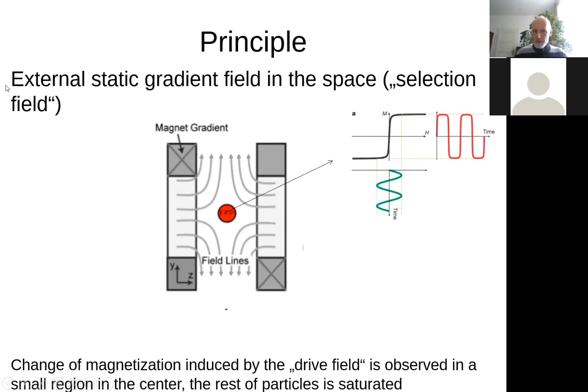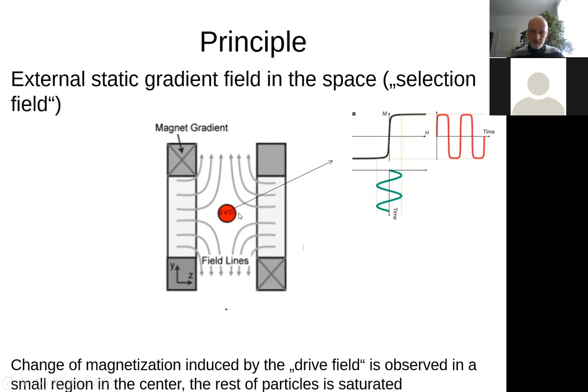Now imagine that we have an external static field which has a gradient, so it changes in space. We can create it by two magnets which have opposite direction, so that there's a gradient along these lines, and in the middle there's a point where the field is zero, where the contribution from one magnet and the second one just cancels.